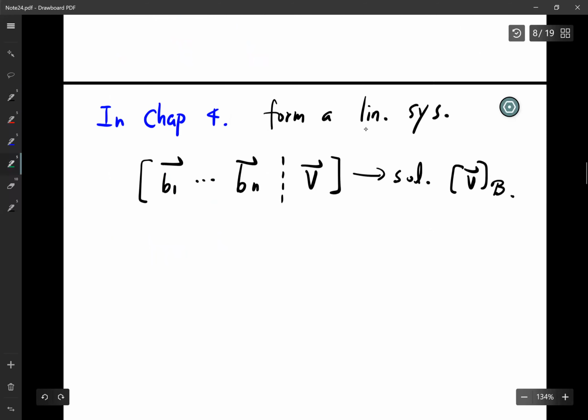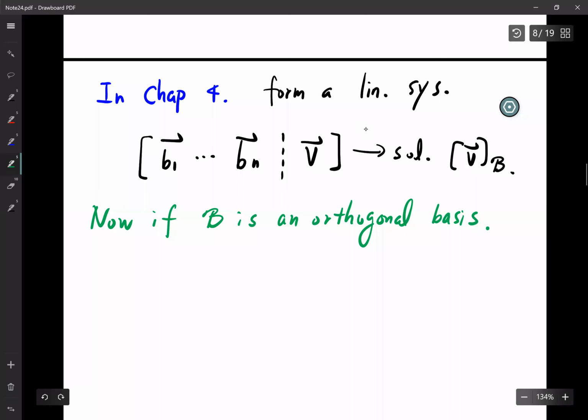Now let's say that B is an orthogonal set, since I said this basis is an orthogonal basis. Now how do I find VB? Recall that, let me just use a vector C to denote this VB so that I don't have too many brackets.